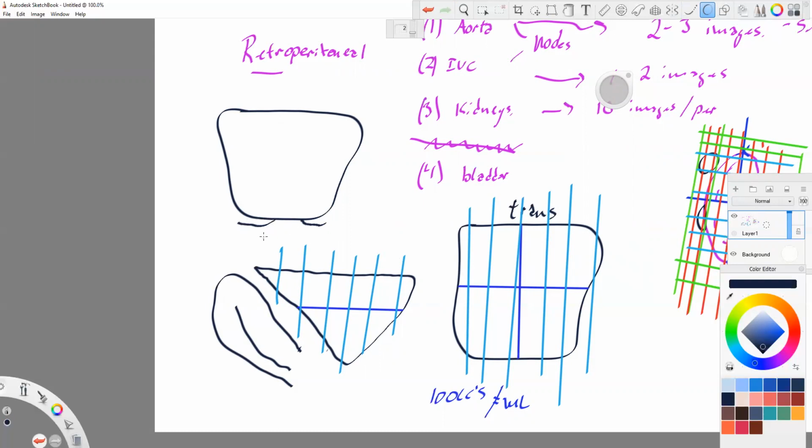But if you can't see those and you're kind of wondering where to go, what you could do is, in a transverse view, just rock the transducer farther and farther caudal, inferior end. And eventually you will actually, a male or female, you will run into a faint shadow, and that is the urethra. Now, the urethra is part of the trigone.